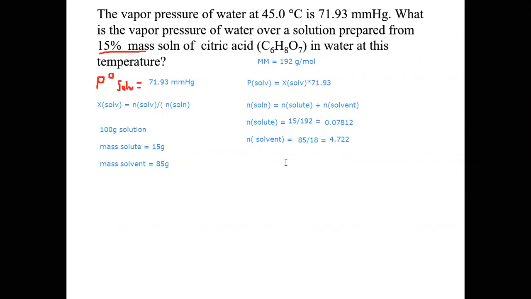So now we have the moles of solvent, the moles of solute. We can find the moles of solution. So we have the moles of solution, we have the moles of solvent, we can find the mole fraction of solvent.